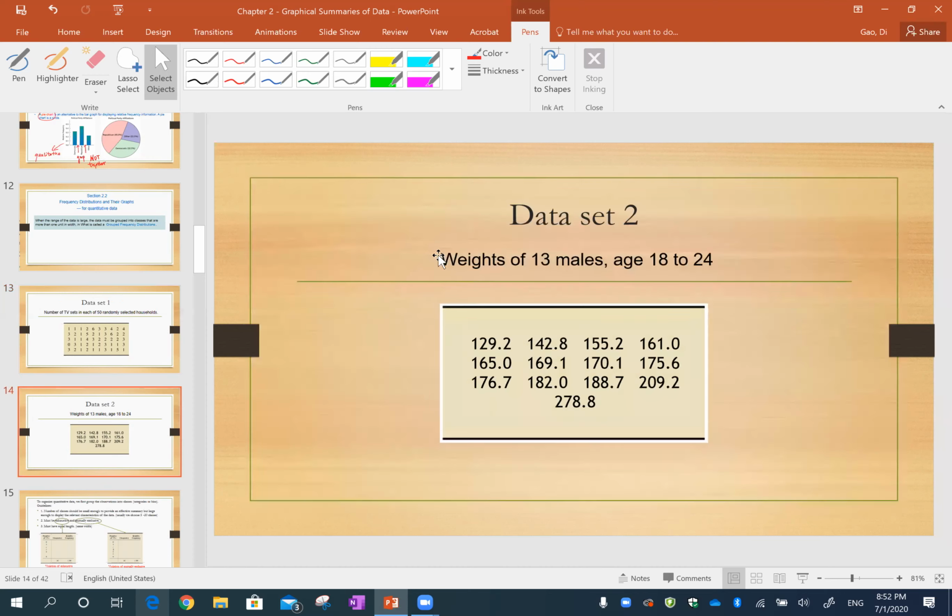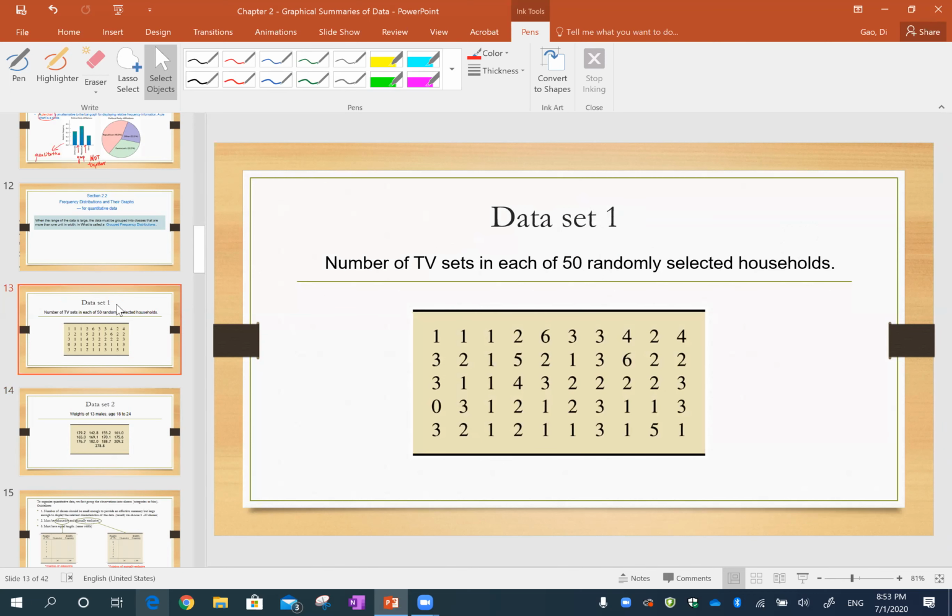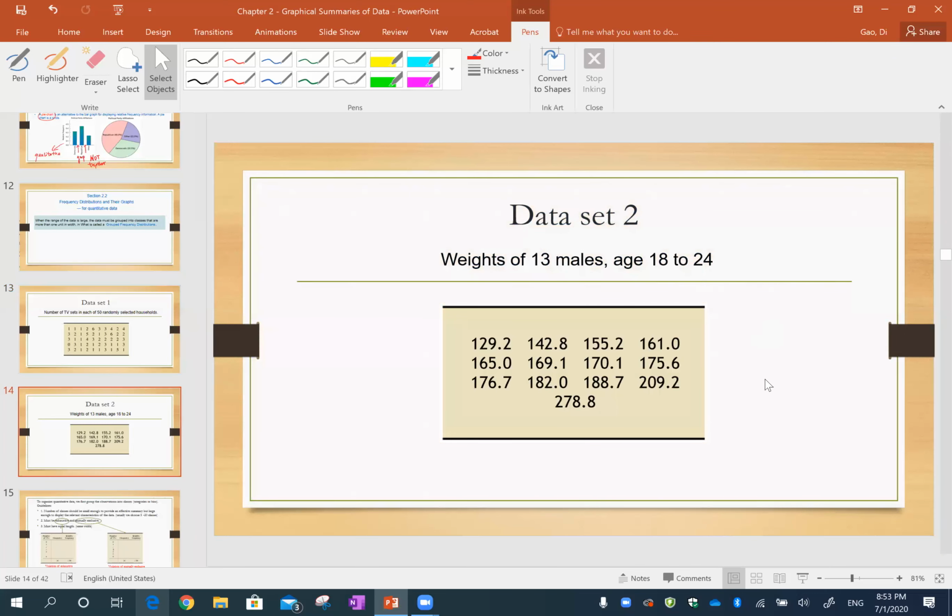And then data set 2. This is for weights of 13 males age 18 to 24. If we look at this data set, we have almost all different values, 13 different values. If we still use the same method we proposed for data set 1, we're just going to encounter a problem, because each value stands for its own class, and in each class we just have one value.